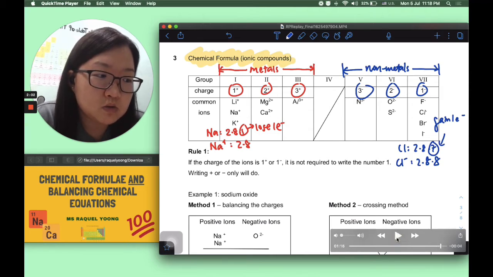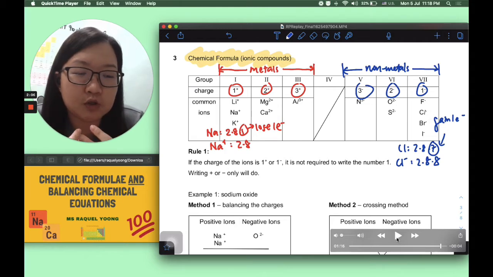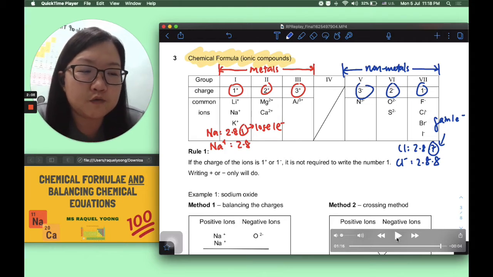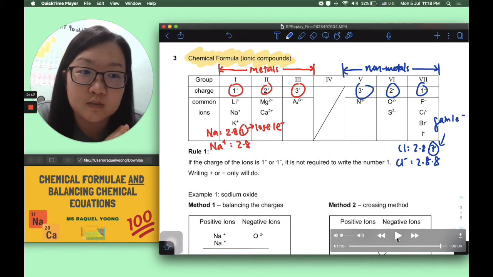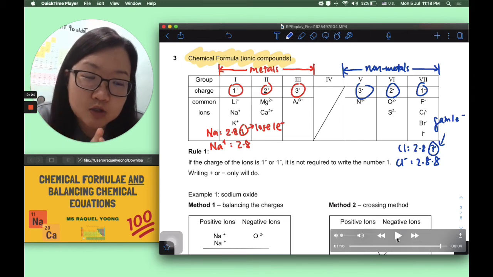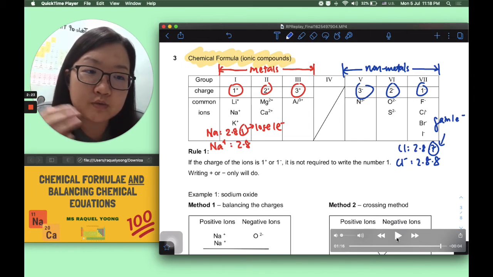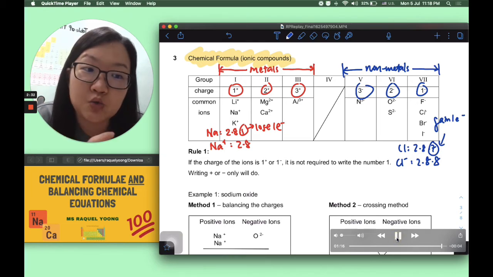So this is the general tip for you to make use of the group number of the element, which is placed in a certain trend in the periodic table, to help you quickly figure out the charge without having to go through the electronic configuration and how many electrons are lost. So this is a quick way.